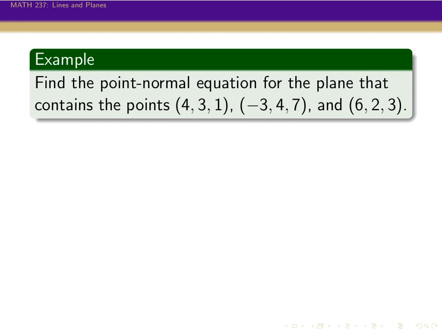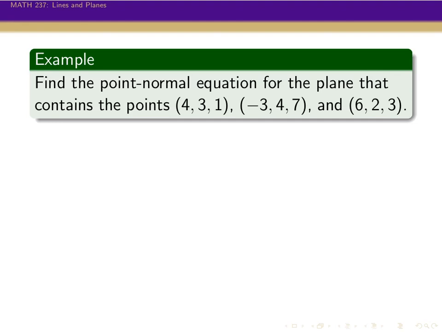Okay, next example. So now we're going to find the equation for a plane if we're just given 3 points on the plane. And that's all that we need to define a plane, is to know 3 points on it that aren't all on the same line. So in the last example, we figured out how to get the equation for a plane if we were given a point and 2 vectors on the plane.